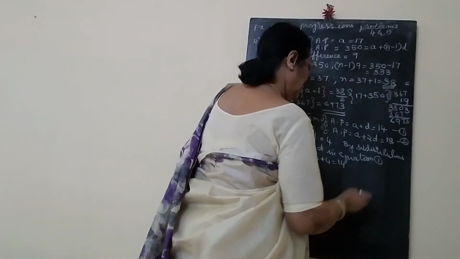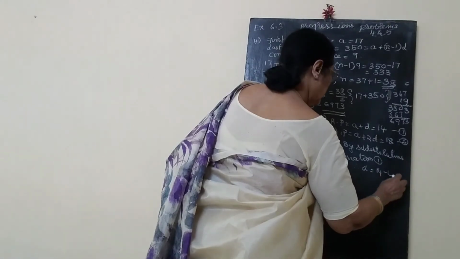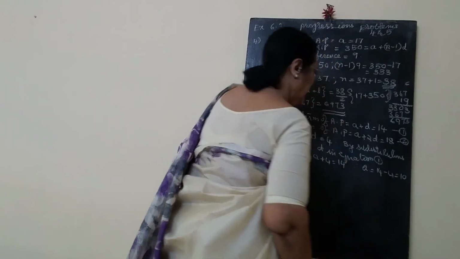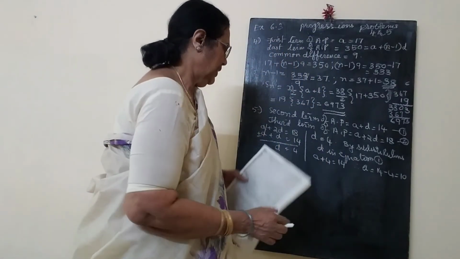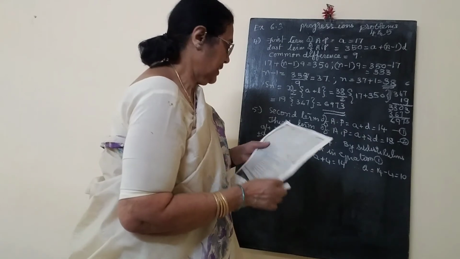Therefore, A is equal to 14 minus 4, 10. You got A as 10.